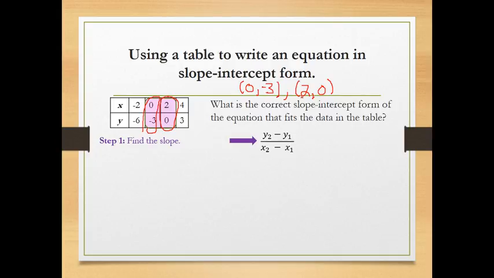The 2 would be my x sub 2, and the 0 would be my y sub 2, the y coordinate of the second point. Alright, so now that I have this information, I'm going to go ahead and plug it into the equation.